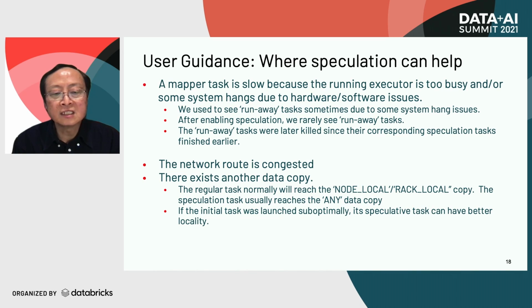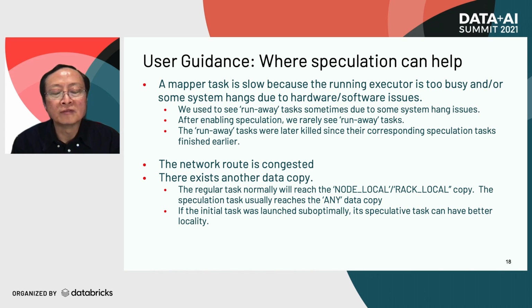There is also another case. The network route is congested somewhere. When we launch a speculation task, this speculation task may take a different network route.